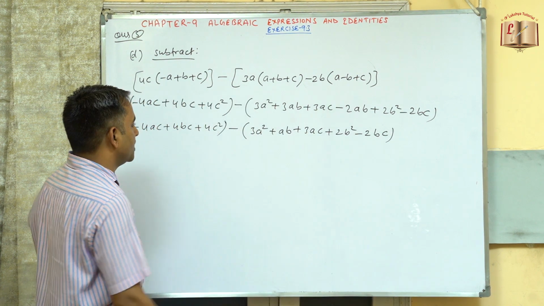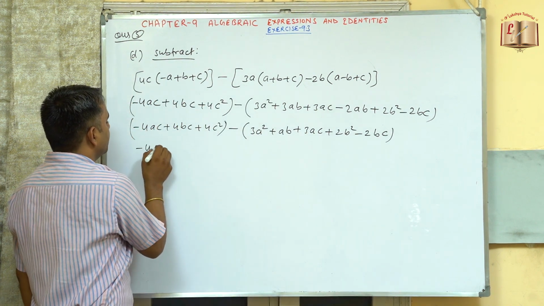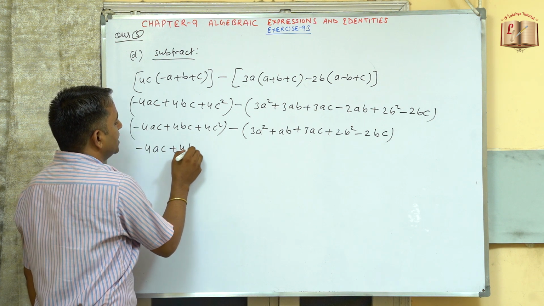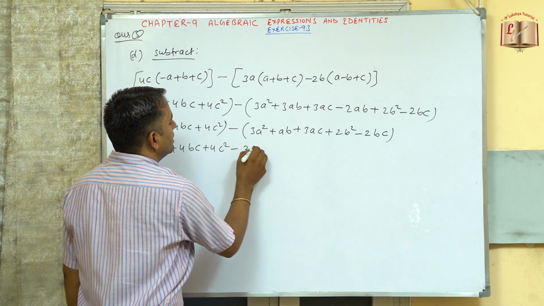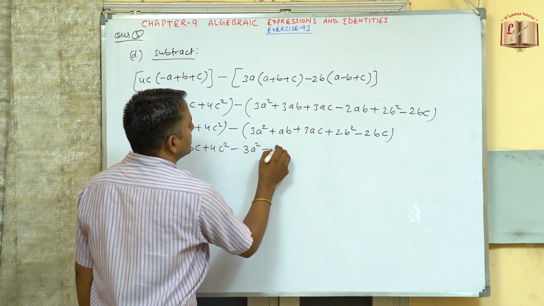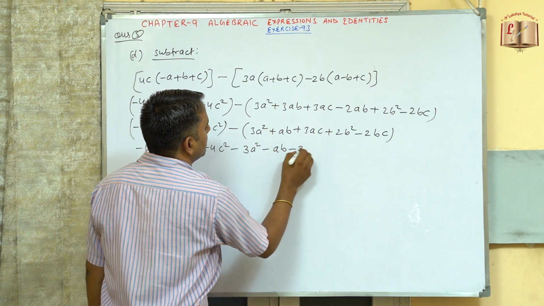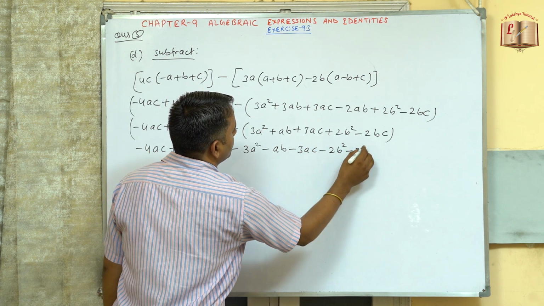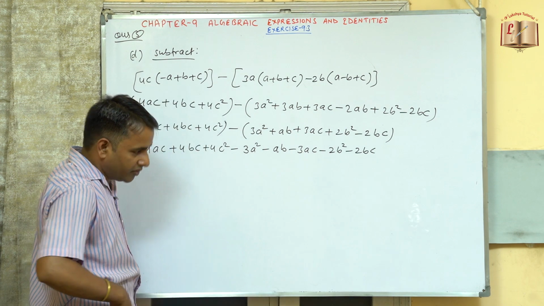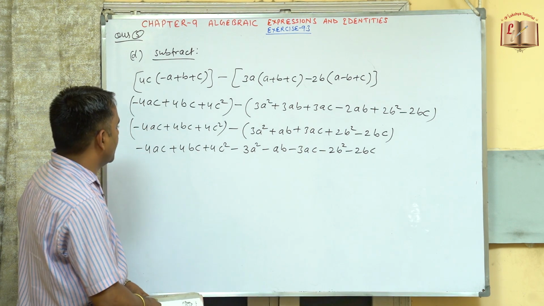Now we will open this bracket. So this is minus 4ac plus 4bc plus 4c square minus 3a square minus ab minus 3ac minus 2b square minus 2bc. So now we will simplify this.